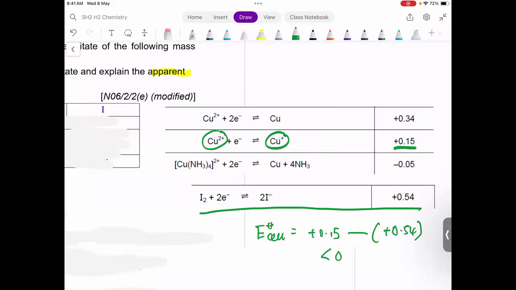Even more negative. But why is it taking place? It's even more negative than part A, right? So why is it taking place when it's more negative?